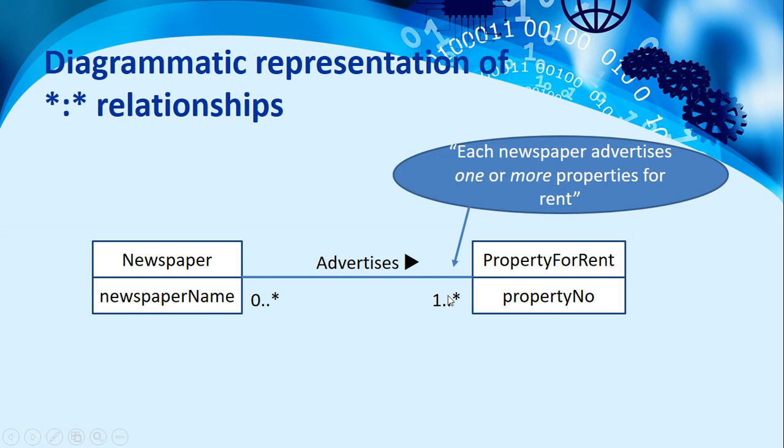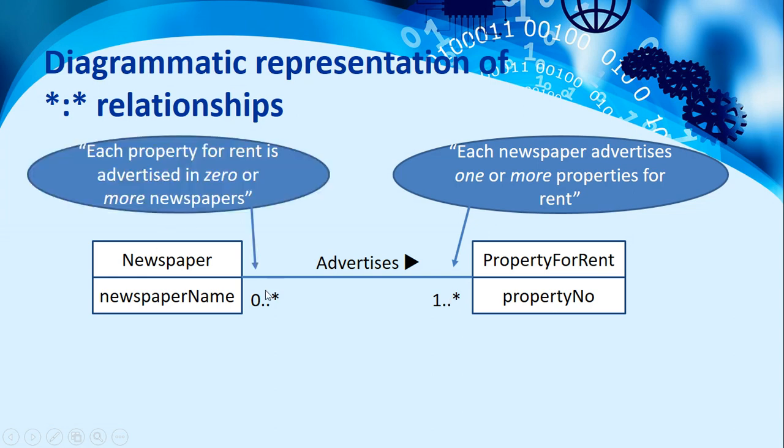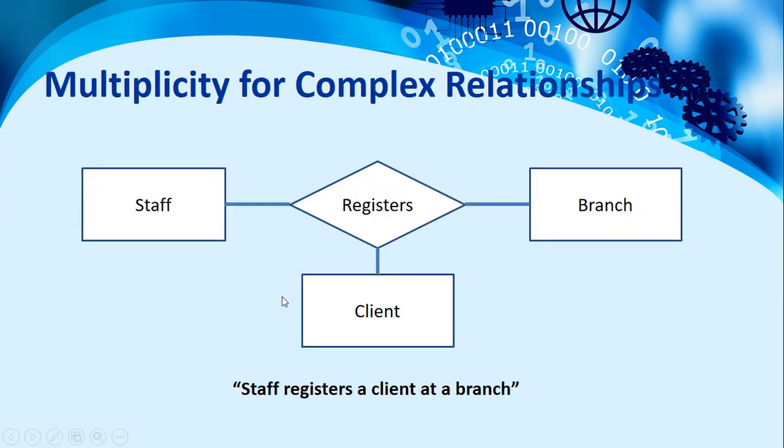And on the other hand, each property for rent is advertised in 0 or more newspapers. Then last, how do we find a multiplicity for complex relationships? This will take a while because there are many steps, but I'll try to explain this as simply as I can.